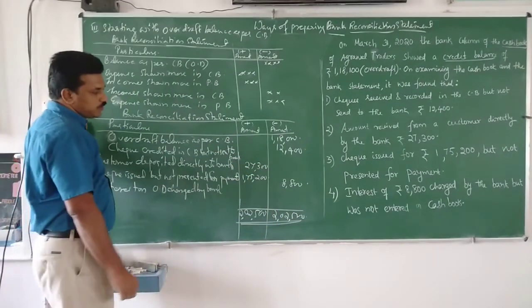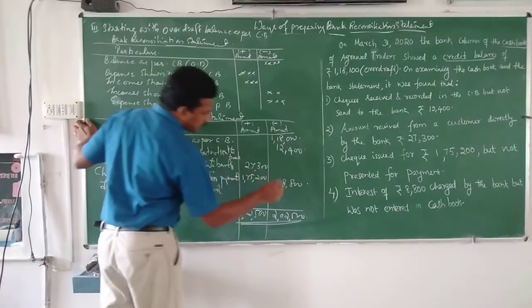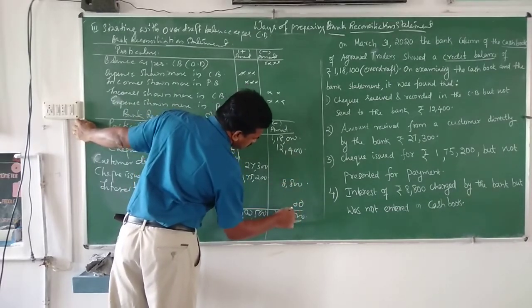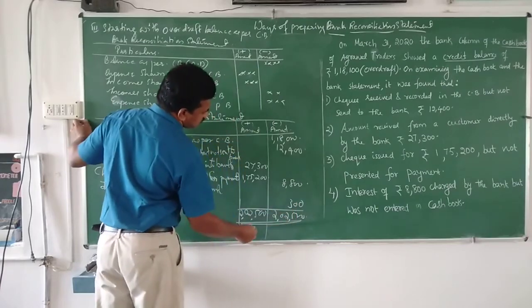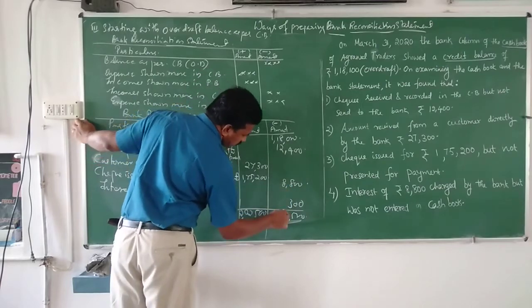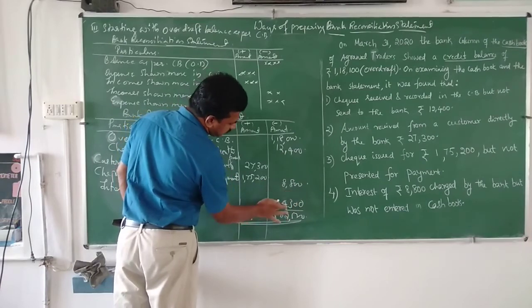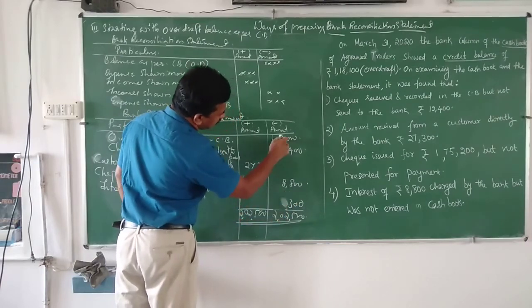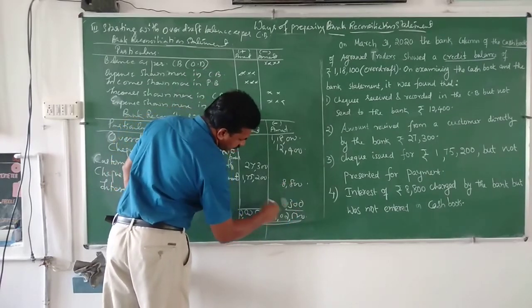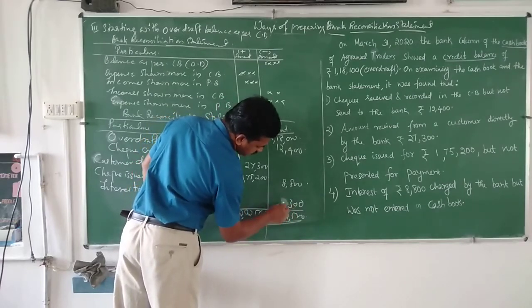Two lakh 2,500 minus column. So 8 plus 4 is 12, plus 3 is 15, balance 1. 9 plus 2 is 11, plus 8 is 21, minus 21 plus 3.